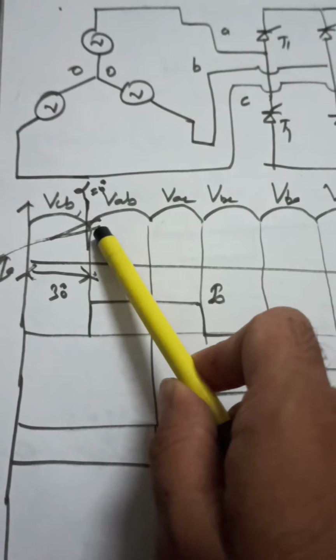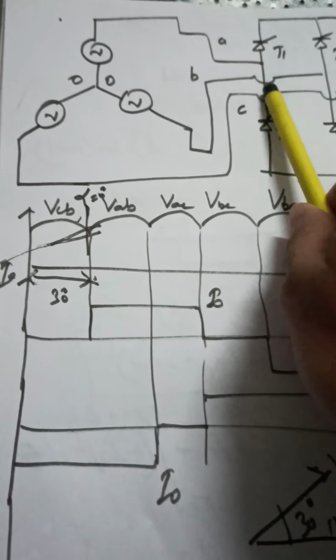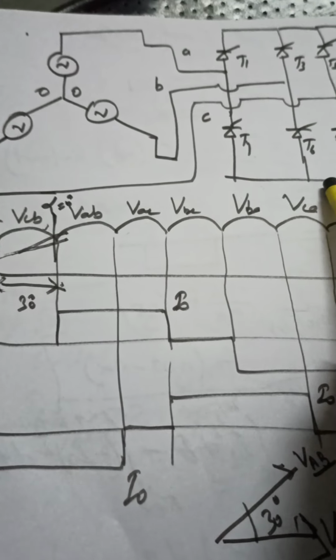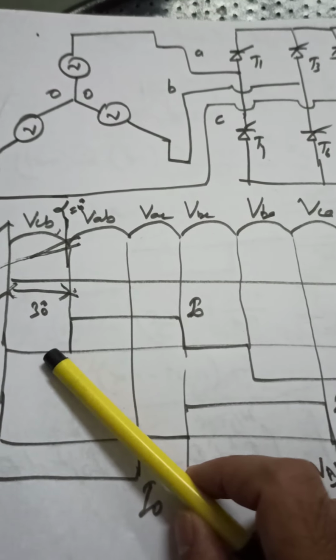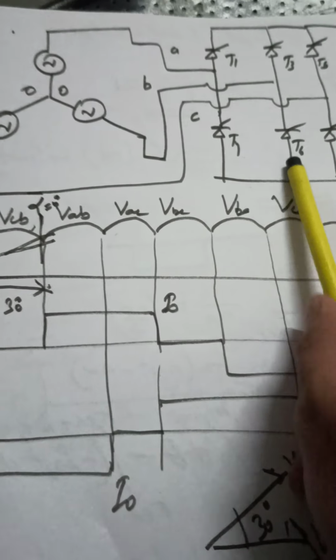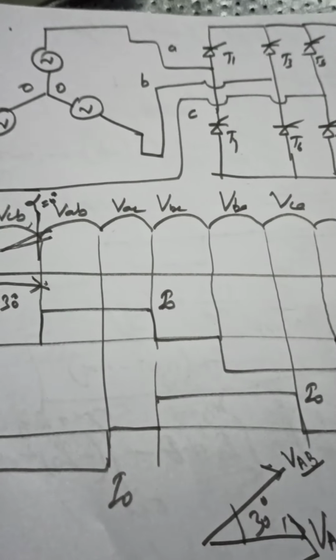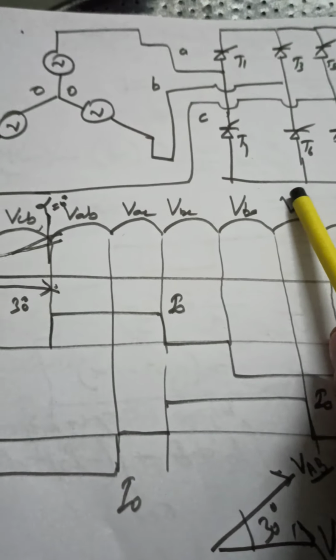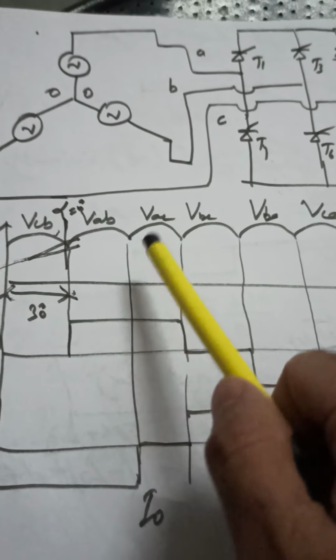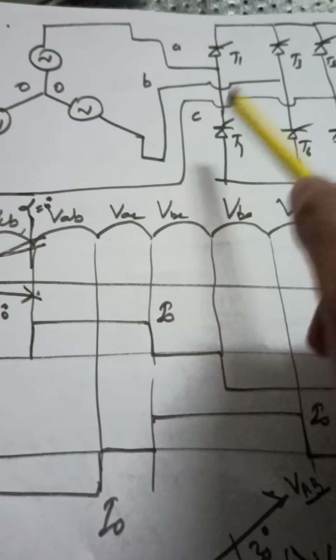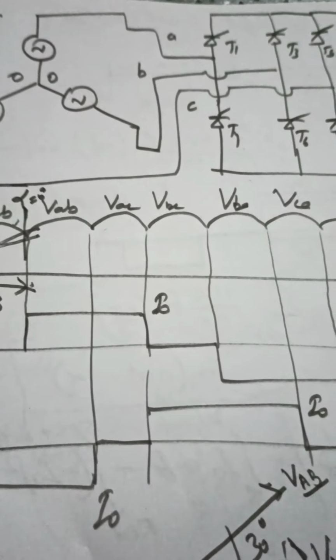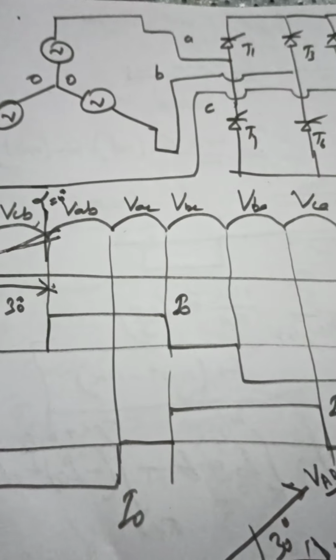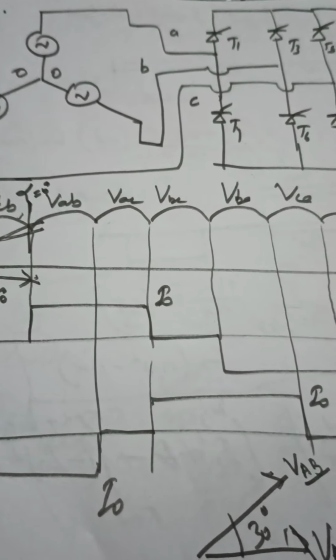It means when VAB is the voltage, then T1 and T6 conduct. T6 is in the bottom, so T1 is conducting. So A is connected, and after that we are getting the voltage VAC. Okay, VAB, VAC, correct.